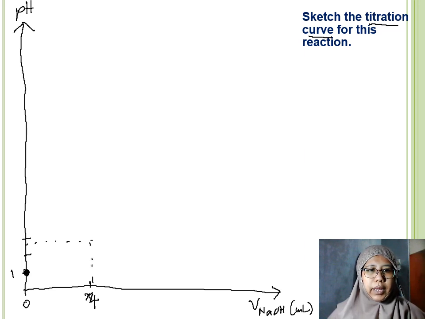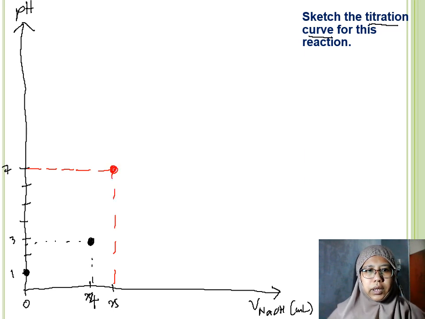Okay, and then the next point is at the equivalence point, which is 7. So this is 3, 4, 5, 6, 7. This is 7. So the equivalence point at 7 is important. We draw this very clearly, like this.